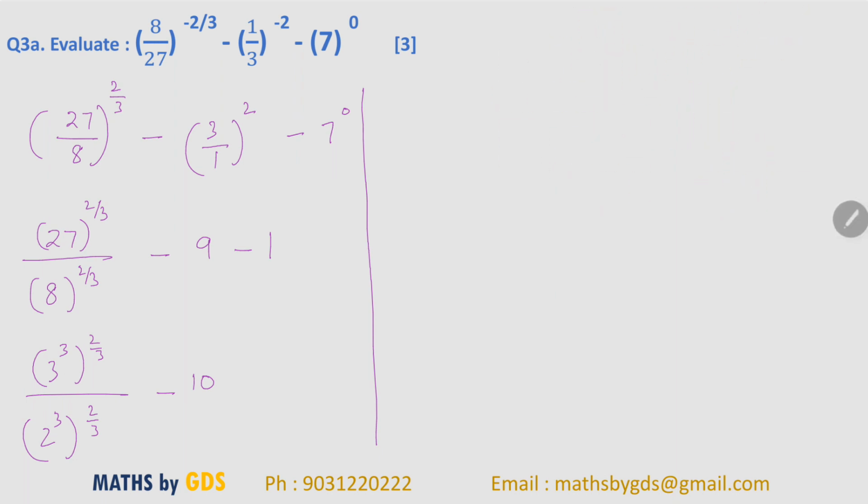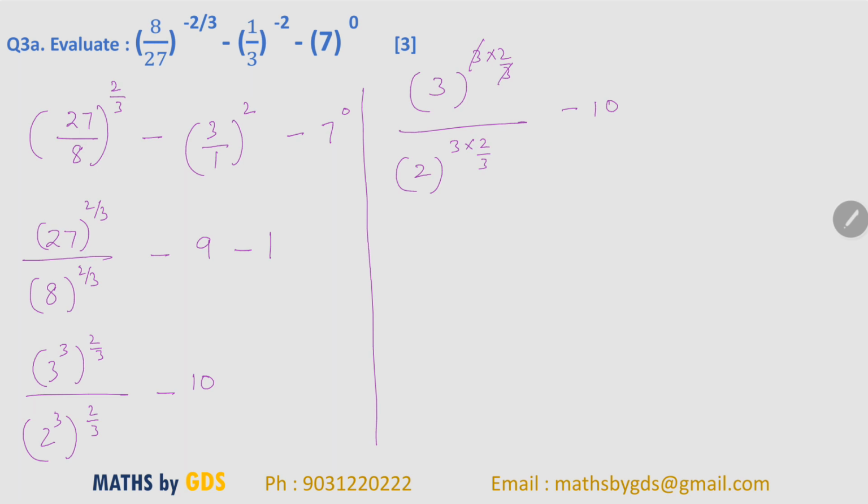Now when there's a power on top of a power, both the powers can be multiplied. So the next step will be 3 to the power 3 into 2 by 3. This power and this power will get multiplied. So now here we have 2 to the power 3 into 2 by 3 minus 10.